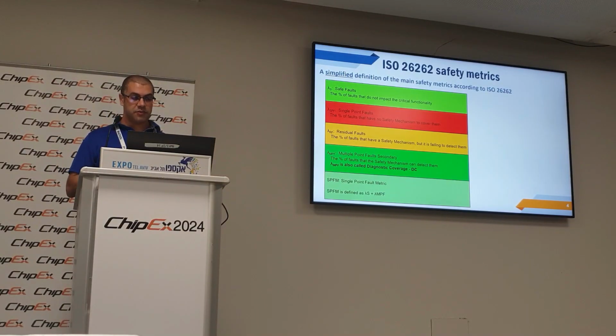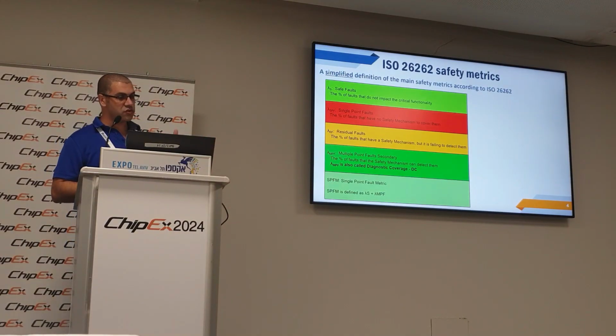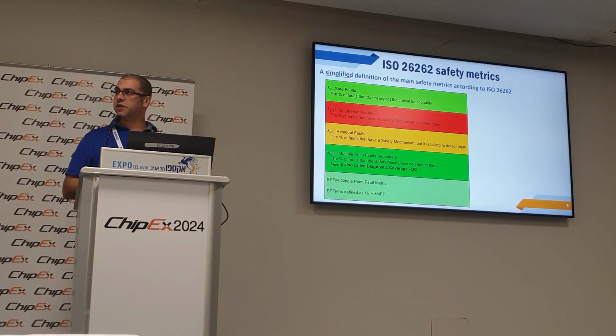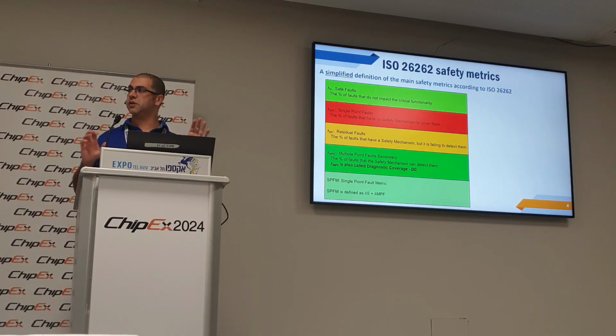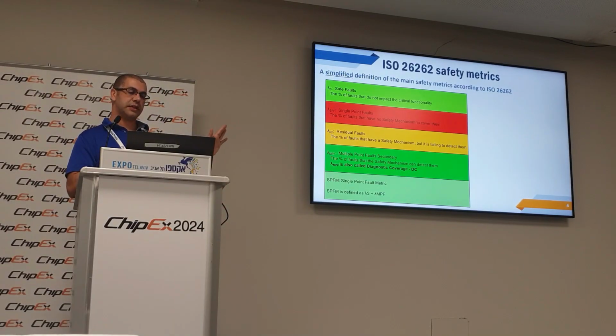Then we'll define lambda RF. These are what is called residual faults. This is the percentage of the faults that can have a safety mechanism that can cover them, but the safety mechanism is not able to detect them. By covering them, we mean that there is a kind of path between this fault and the safety mechanism, but in the current running test or running STL, the safety mechanism cannot detect them.